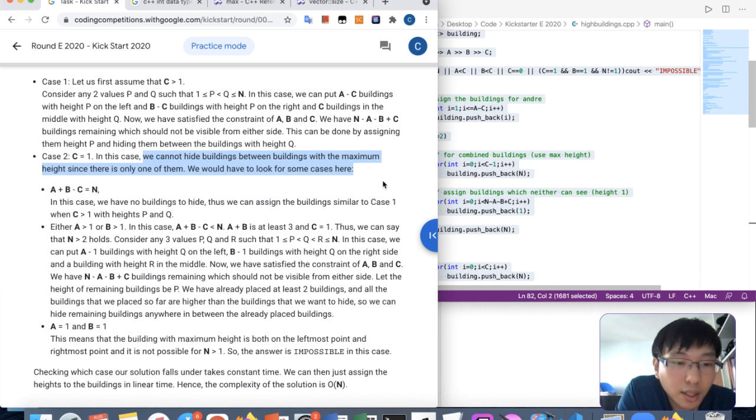Either A greater than 1 or B greater than 1. In the case where A plus B minus C is smaller than N, I think I may be missing this case.